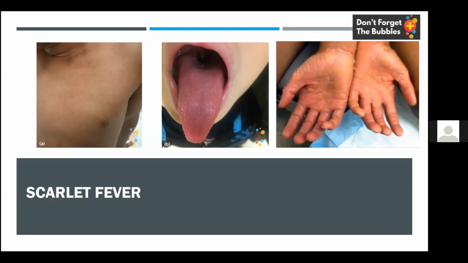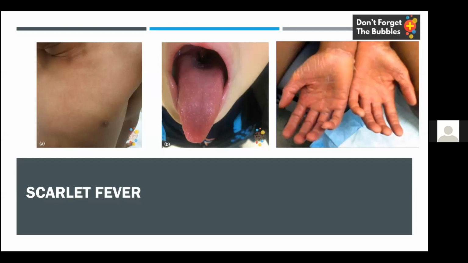They present with sore throat, headache, abdominal pain, cervical lymphadenopathy, and fever. About 2 days after the fever, they can get a diffuse erythematous macular-papular rash with a classic sandpaper texture. They can also develop a red strawberry tongue.